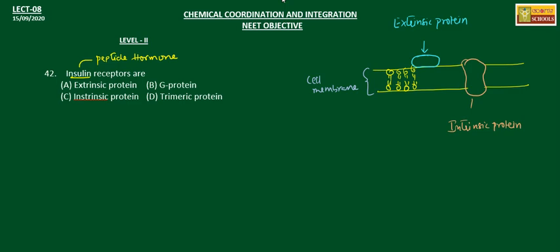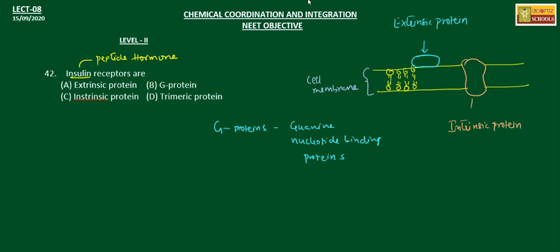Coming to these G proteins, what actually are these G proteins? They are also called guanine nucleotide binding proteins. They help in transmitting signals from outside to inside, especially for peptide hormones.